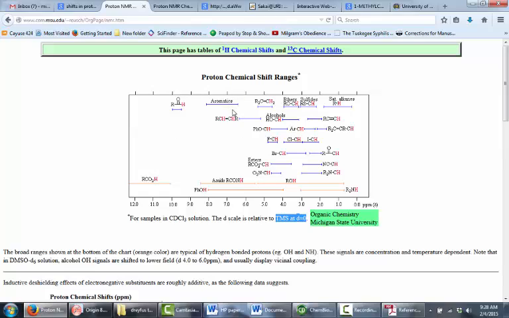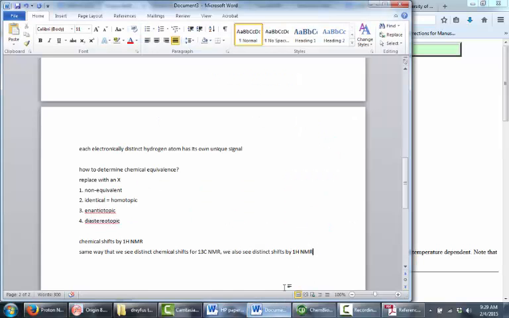What's interesting is the aromatic region, and I want to draw your attention to this area. Aromatic protons are very deshielded, and they always show up in the 6 to 8 ppm range. That's very characteristic, between 6 ppm and 8 ppm.